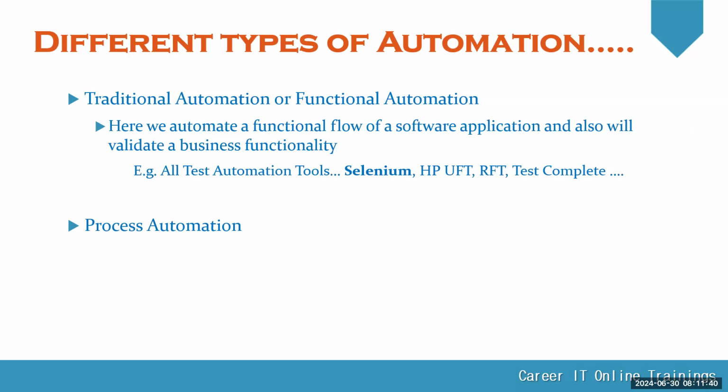Traditional, functional automation: the main motto of this automation is to validate the functionality. That means the main motto of this type of validation is to test whether that particular software is working fine or not against some conditions. The main motto of functional automation is testing.